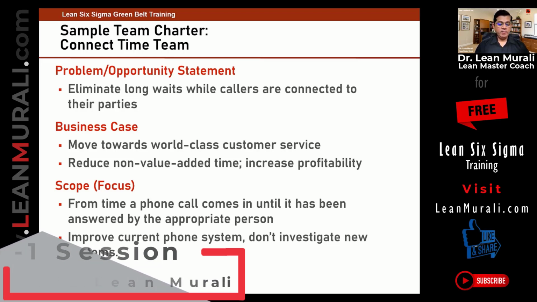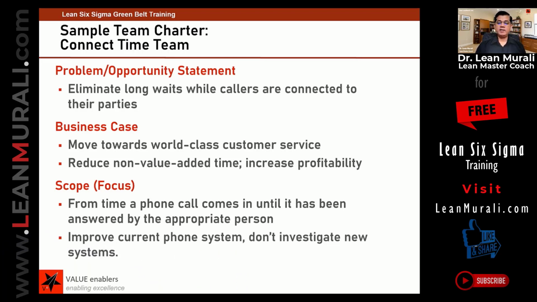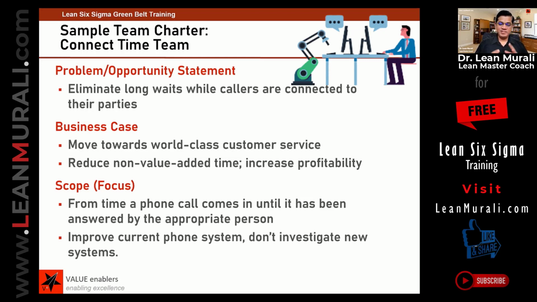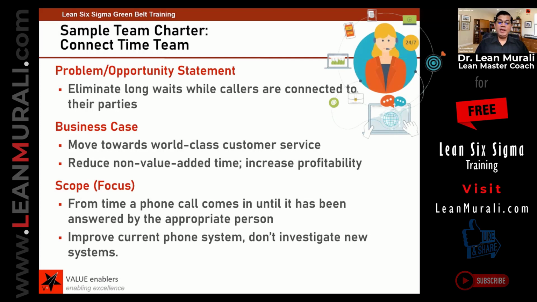And secondly, in many companies, immediately they will suggest some high-tech solutions, very costly solutions, automated solutions and things like that. So it's very important to tell right from the beginning at the project charter stage that improving the current phone system is in the scope, and don't investigate new systems.